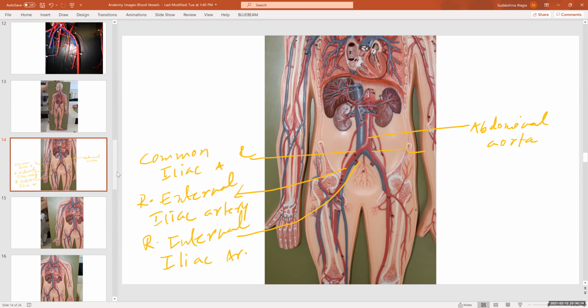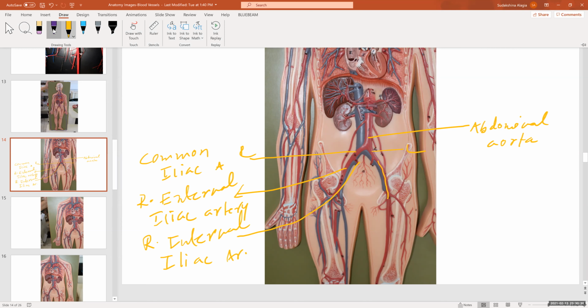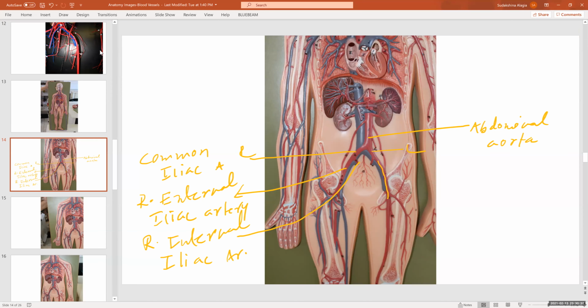What happens on right? Basically, follow the same branching on the left. So we are following the left external iliac artery. This is left external iliac artery.